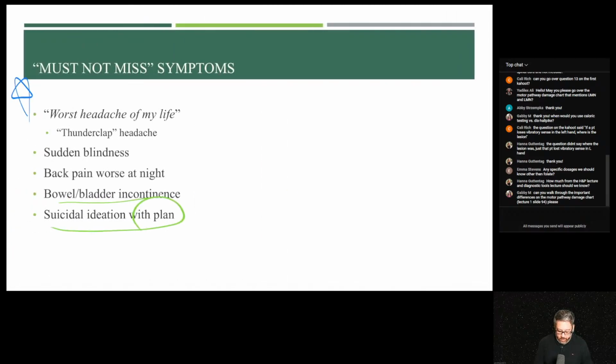This is a big one. Make sure you remember this one. We've gone through bladder and bowel many times. Again, worst headache of my life, sudden blindness, pain that is worse at night. Those things are very important. So if you see them anywhere, make sure you understand, okay, that's a clue for me, and that may be something more serious going on.